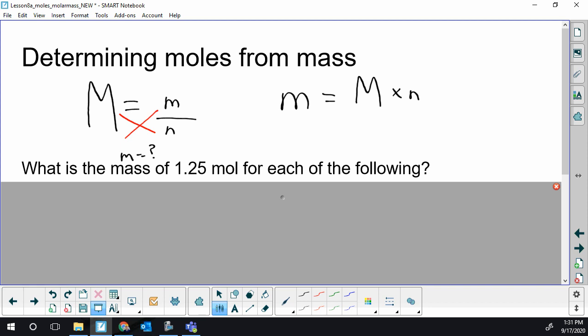Okay, so I don't have to keep manipulating that formula. And when we put our units in, they're going to work out. Molar mass is grams per mole. We're going to multiply by moles. Moles on the top will cancel moles on the bottom, and we'll get grams, which is good because that matches with mass, which is what we want to solve for.